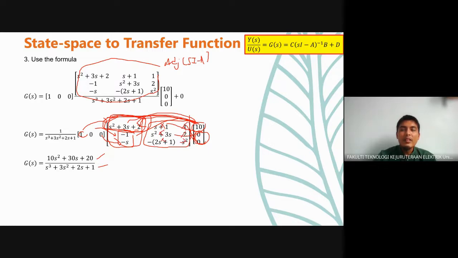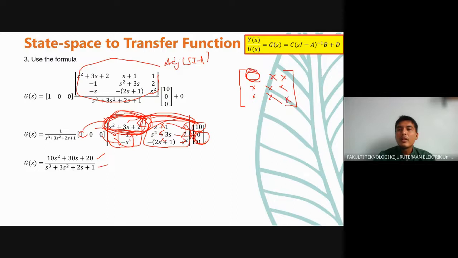The rest is useless, multiplied with 0. You just need this information only. So when you calculate the adjoint of sI minus A, you just need to calculate this value only. The rest you just skip. No need to calculate.